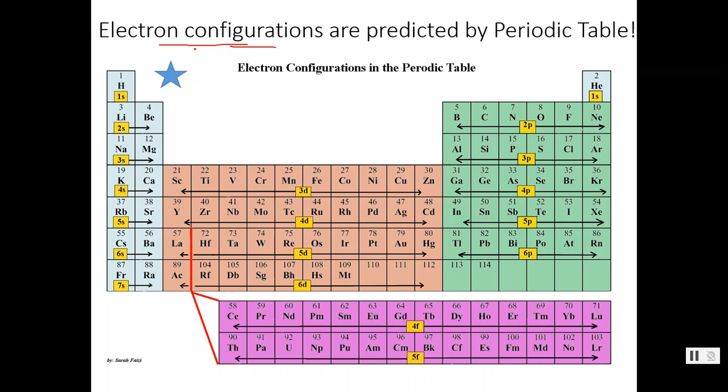So how do you use that principal quantum number and letter in an electron configuration, and how do you use the periodic table to predict the electron configuration for an atom? If you don't have a periodic table in front of you already, the periodic table that you use for quizzes and exams, I would encourage you to stop the video and get it now and mark it with the trends that are shown in these little yellow boxes.